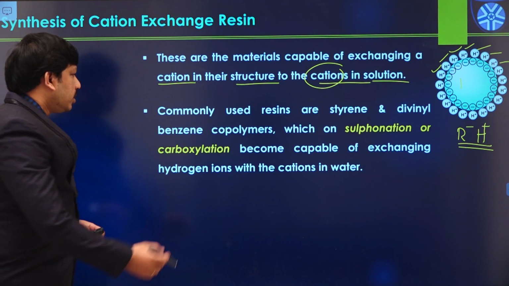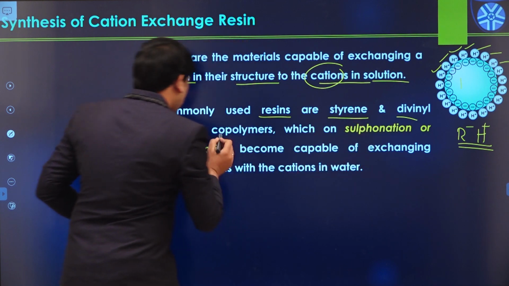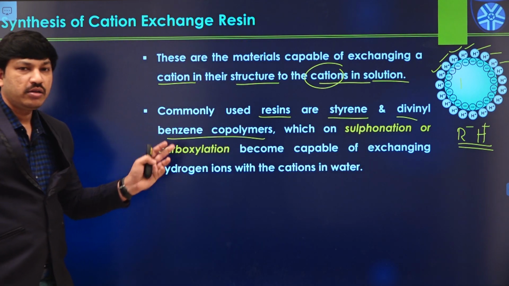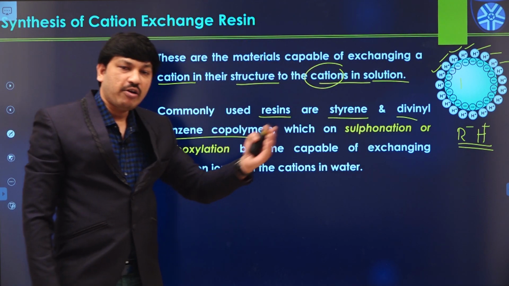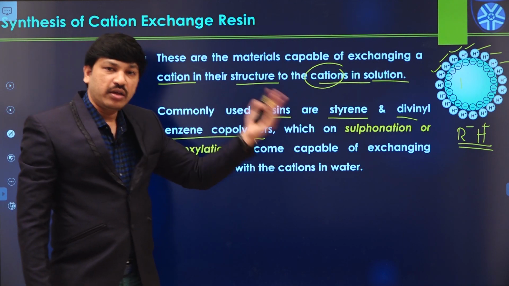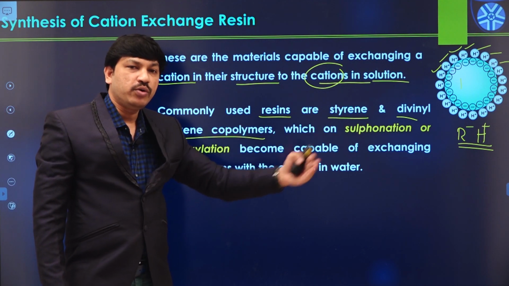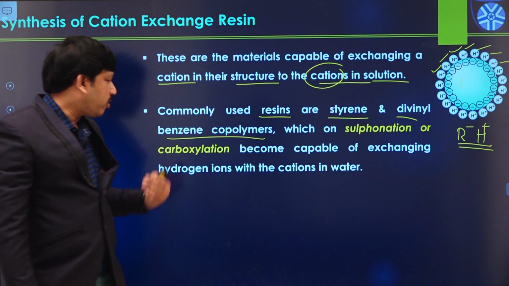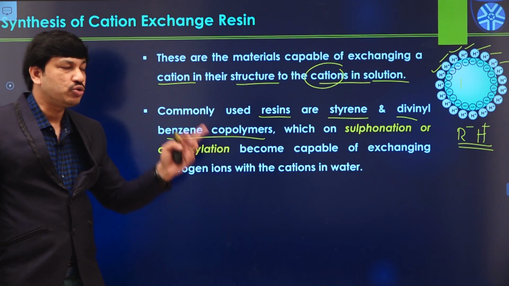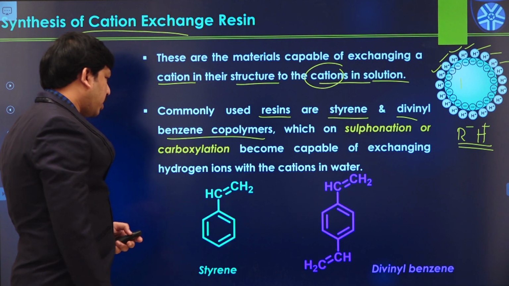So these resins are styrene divinyl benzene copolymers, as I said in the earlier slide. Once the copolymer is generated, we have to do either a sulfonation process or a carboxylation process in order to generate the suitable cation exchange resin. So what are the starting materials we need?